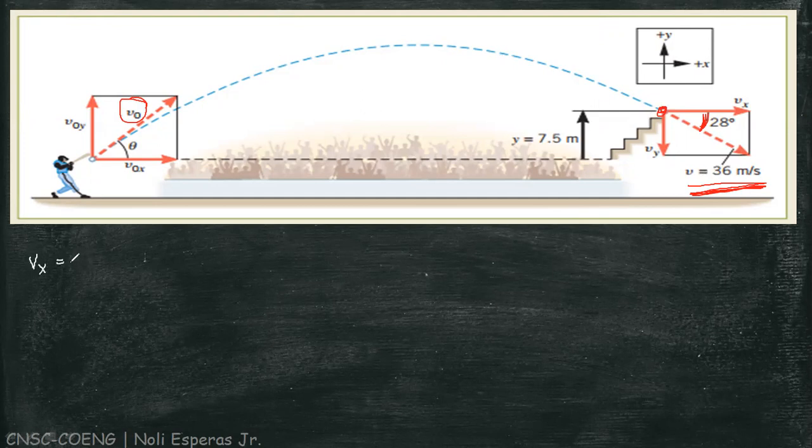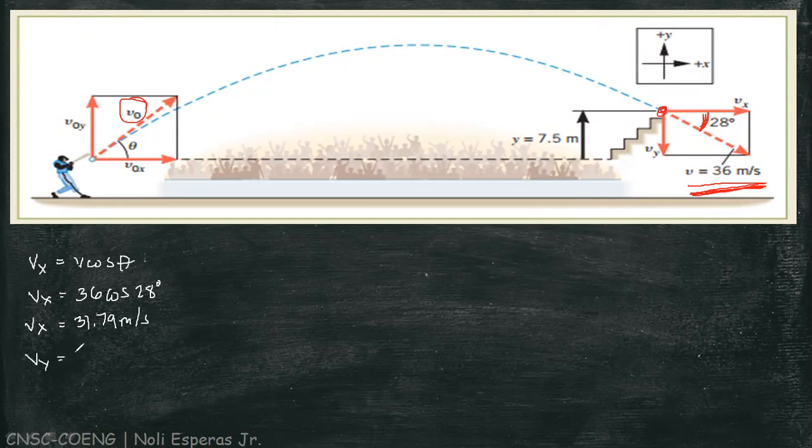For Vx, using the trigonometric identities, Vx is equal to 31.79 meter per second.